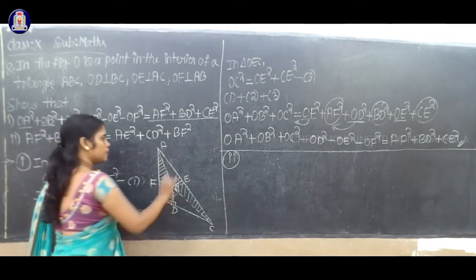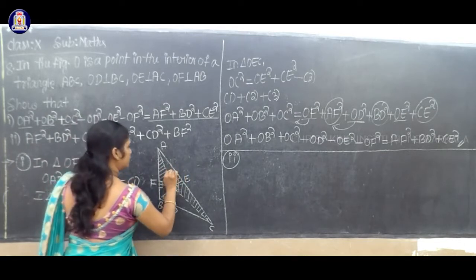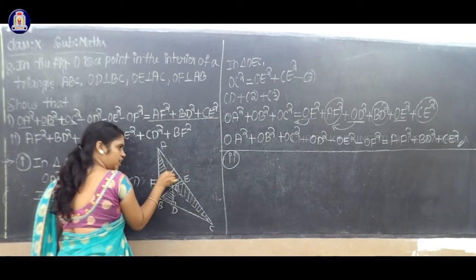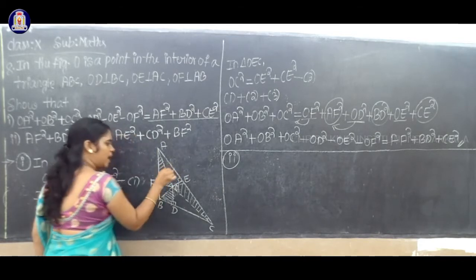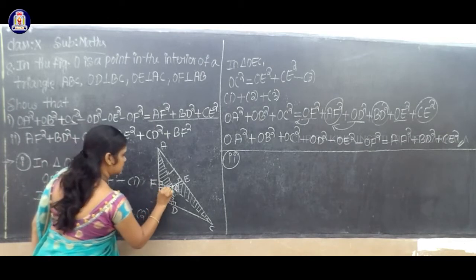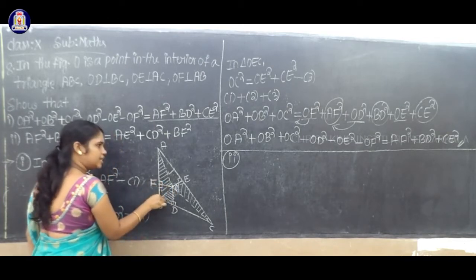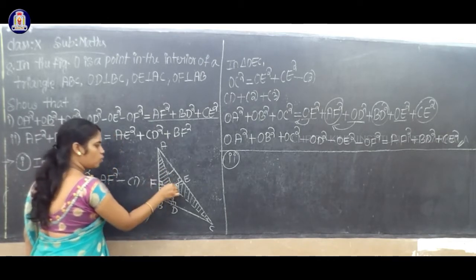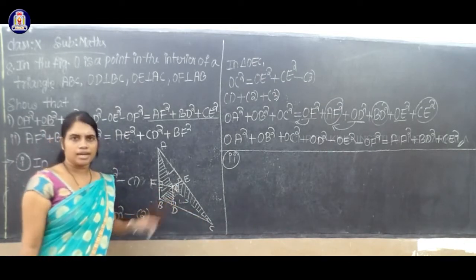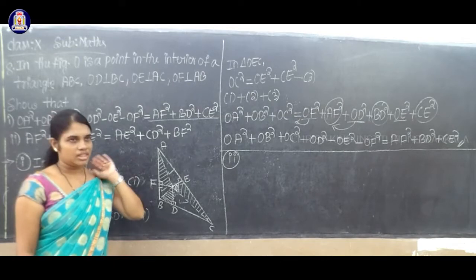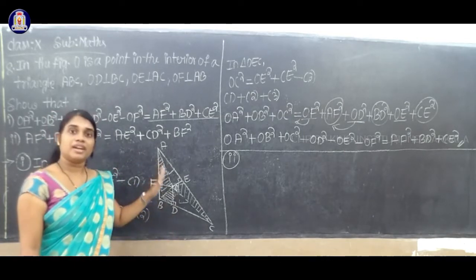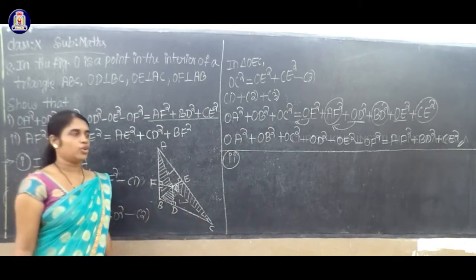Which are those? First one, OEA. This is an unshaded right angled triangle. Another one, OFB. This is the second unshaded right angled triangle. Again, ODC. This is your third unshaded right angled triangle, isn't it? So in the second question, I will take these 3 unshaded right angled triangles.